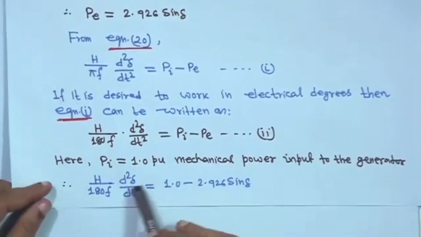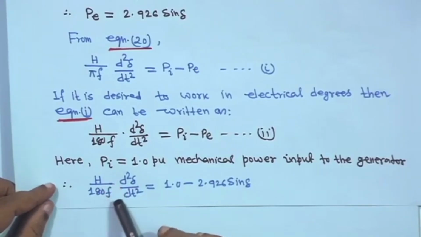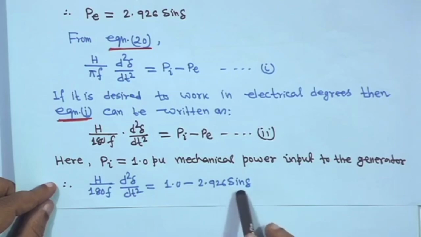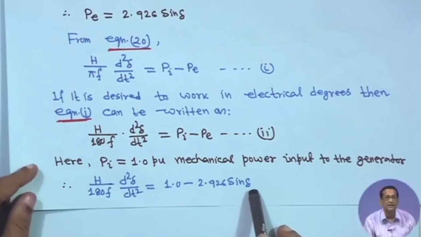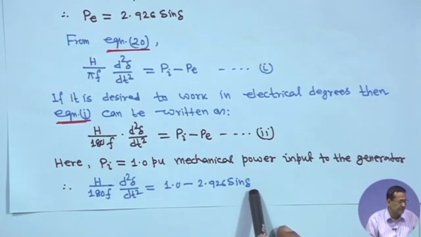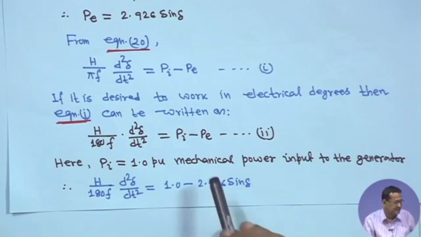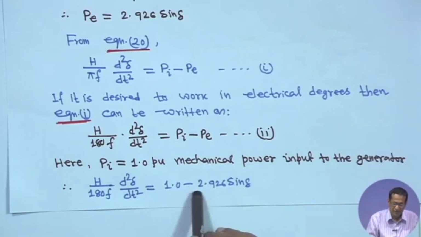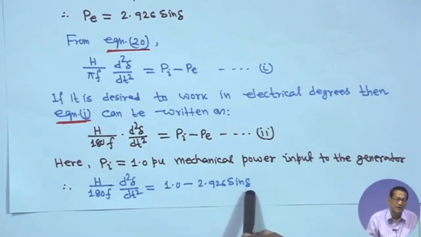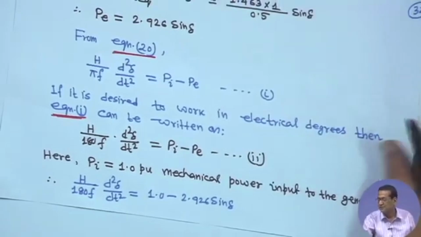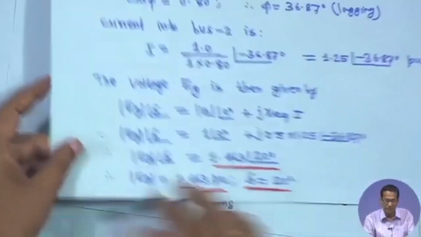Therefore, this can be written as H upon 180 f into d square delta dt square is equal to 1 minus 2.926 sin delta. As a verification, at steady state you will find that 1 minus 2.926 sin delta is equal to 0, and if you compute delta, delta will become 20 degree, and there also we have got delta equal to 20 degree.